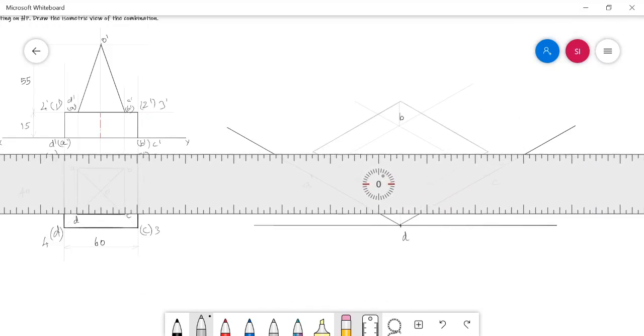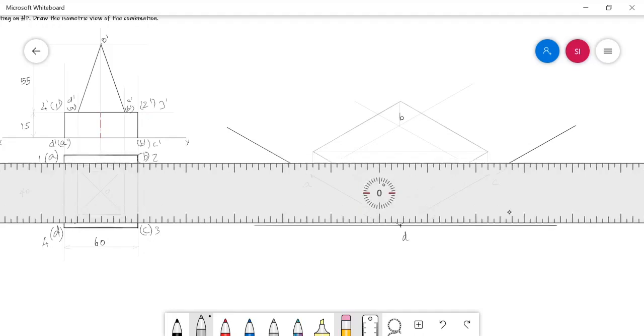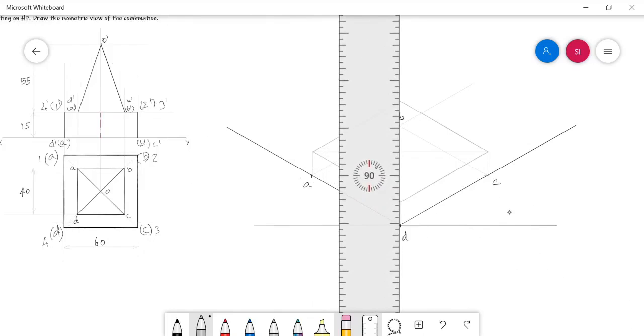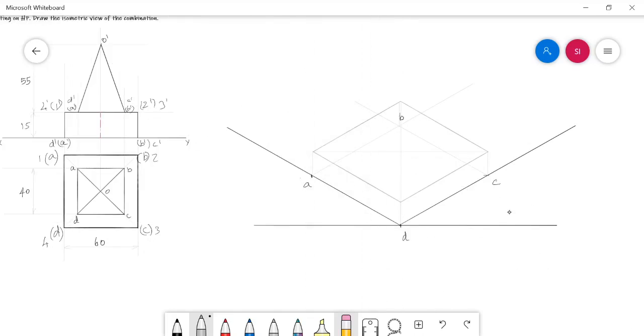After that I need to draw the base of the top solid first. For that I can follow some little geometrical tricks.